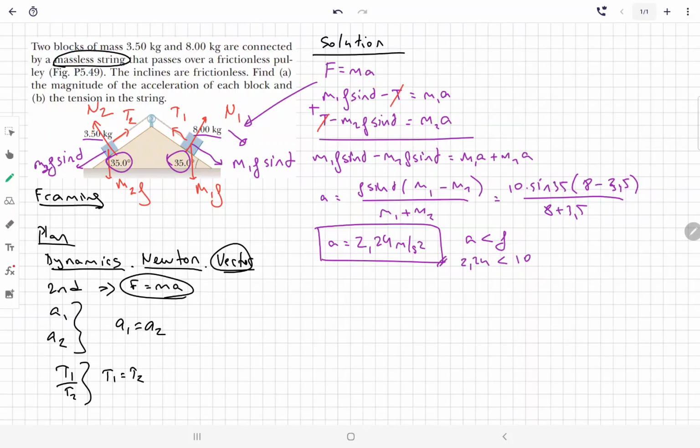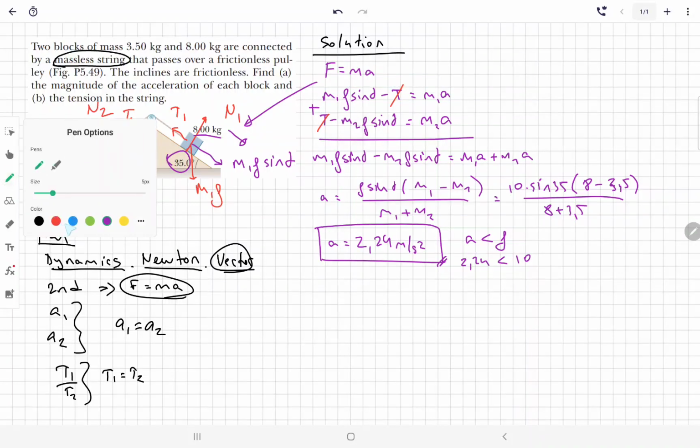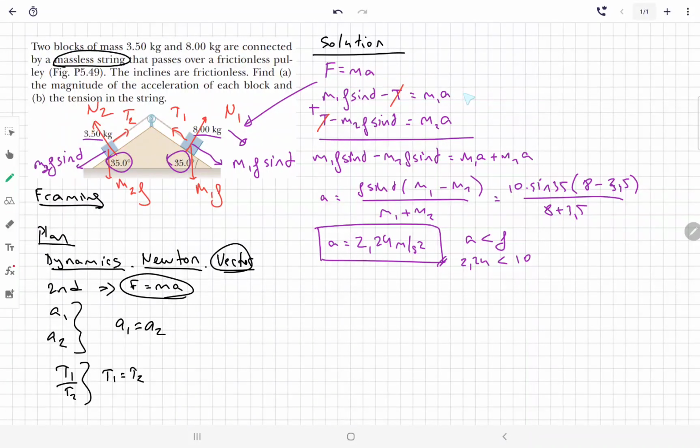Now let's come to the tension. We can come back to one of the previous equations and find the tension. So let me use the first equation, this one. From the first equation, tension equals m1g sine alpha minus m1a.